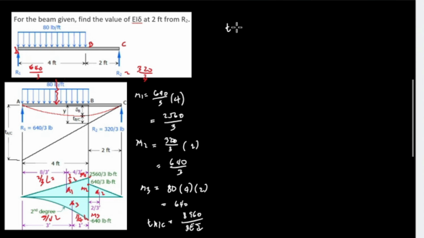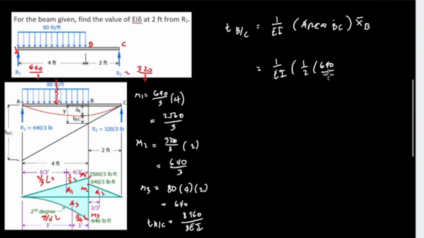T of BC is equal to 1 over EI, area BC, and X bar B. For BC, it's only the triangle with reaction 2, so 1 over EI multiplied by 1/2 of the triangle, that's 1/2 of 640 over 3, and multiplied by the length, or the distance, that's 2.